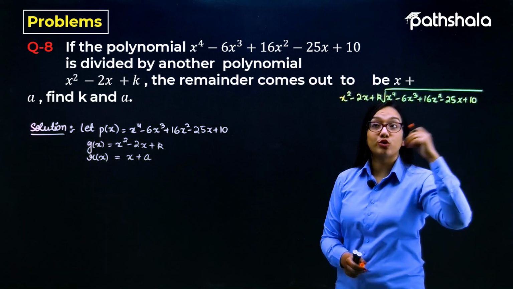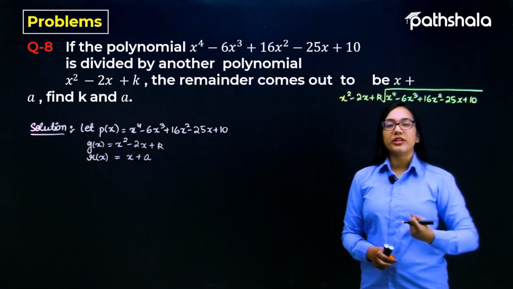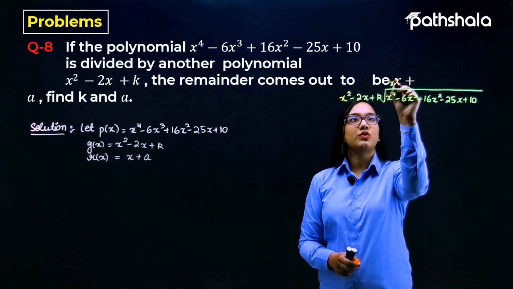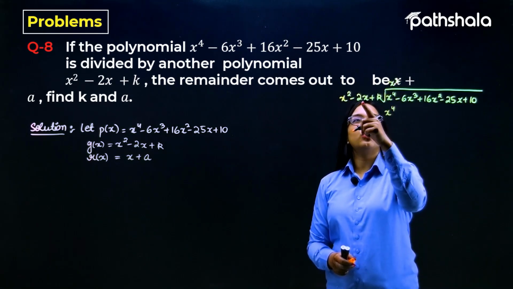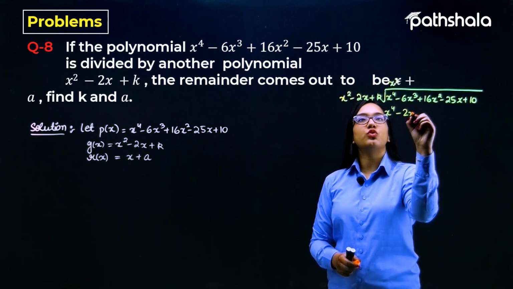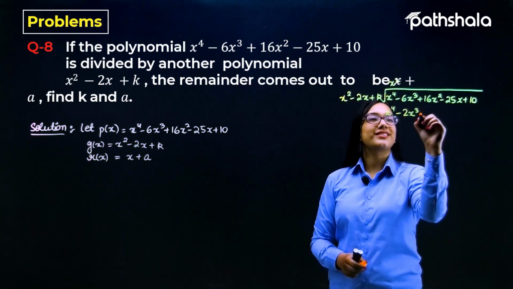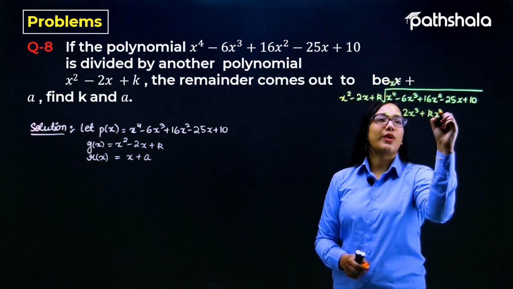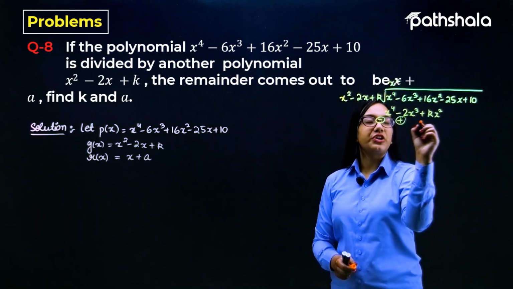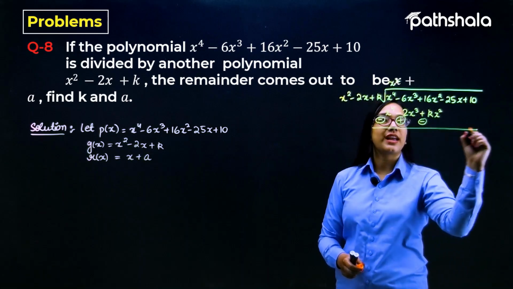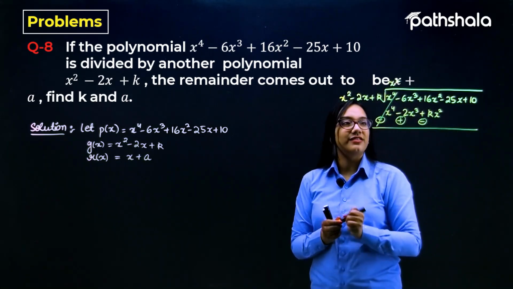So let's just divide both of these two polynomials. First of all, we will get x square. So it would be x raised to the power 4 minus 2x cube plus kx square. As k is an unknown quantity, it is negative, positive, negative. When we change the sign, both of these terms get cancelled with each other.